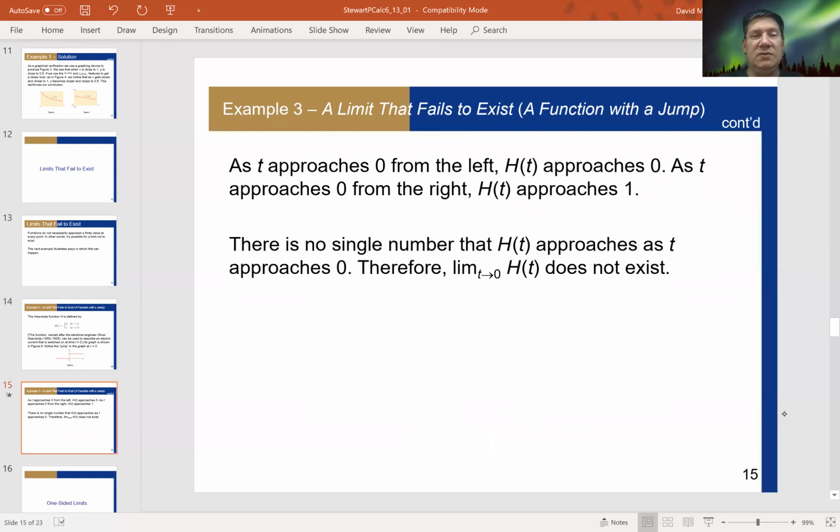If those two, from the left and from the right, are not the same number, we say this limit does not exist. And yes, you'll be pleased, that's a lovely, useful TLA. Does not exist. And again, that's completely acceptable as far as I'm concerned, but that is your answer.